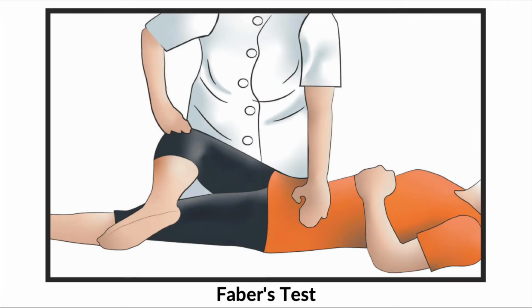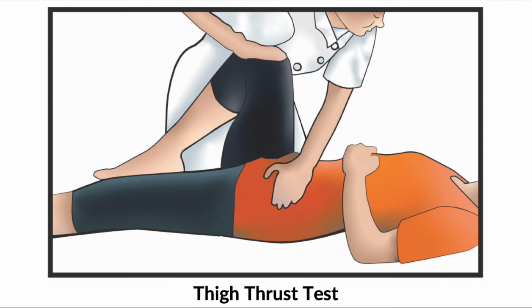If you have 3 positive physical examination tests combined with a positive injection test, we have a very high degree of certainty that the pain is coming from the SI joint.